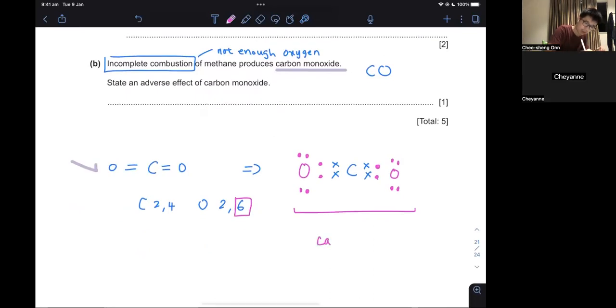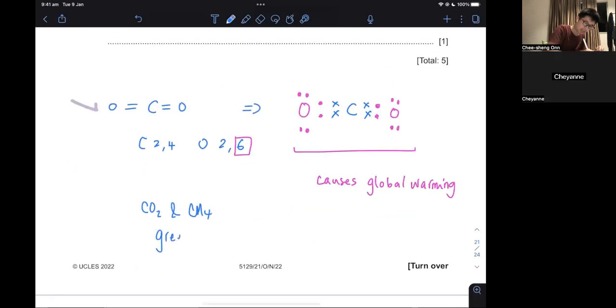That one can cause global warming because just like methane, methane can also cause global warming because they are greenhouse gases. So CO2 and also CH4, they are what you call greenhouse gases, and that is as stated in the environmental chemistry syllabus.